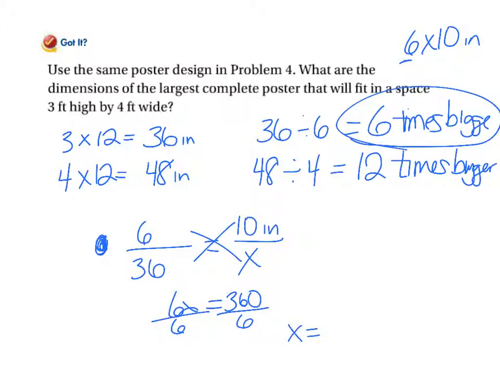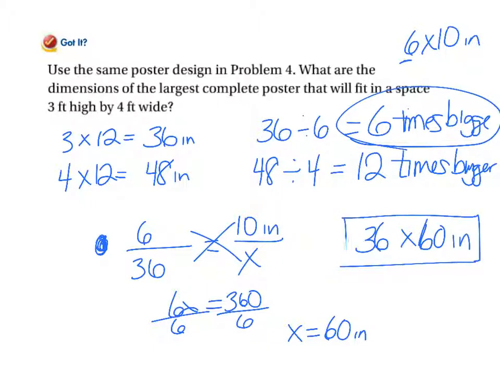Okay, I get 60 inches. So what dimensions do I get to have for my poster? I know I have the space of 3 feet by 4 feet, but it doesn't enlarge to that perfect shape. So what I get to have then is the 36 that I had to make it 6 times bigger, 36 by 60 inches is how big the poster will end up being.